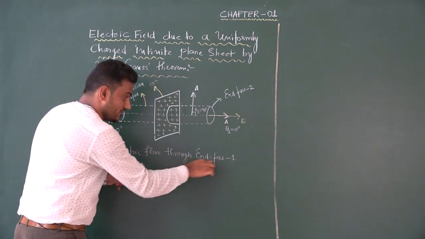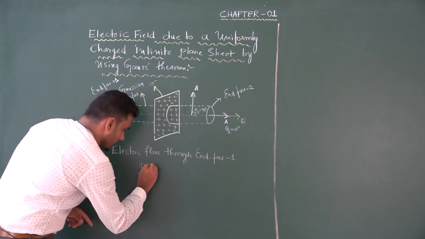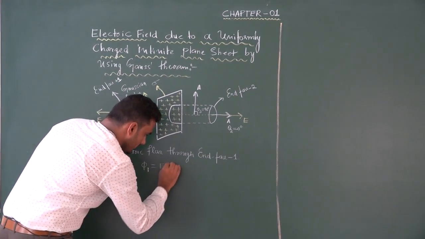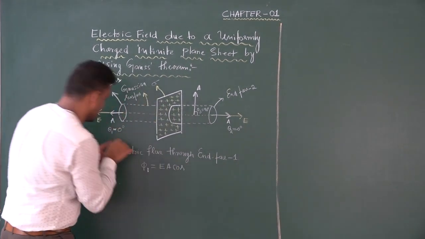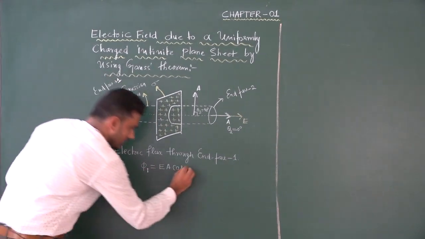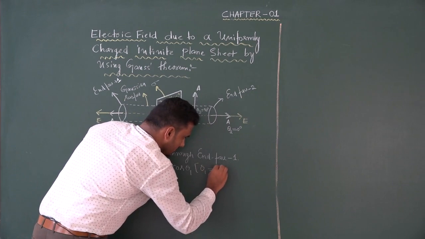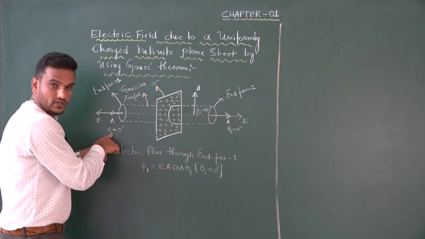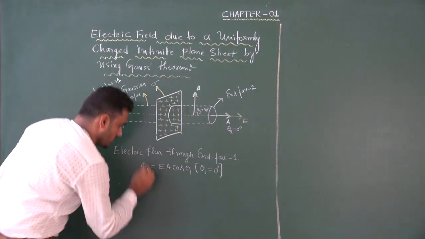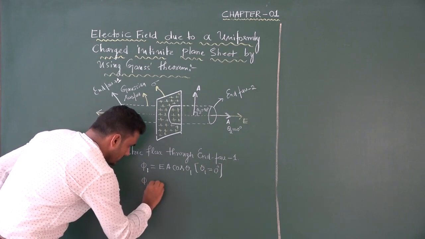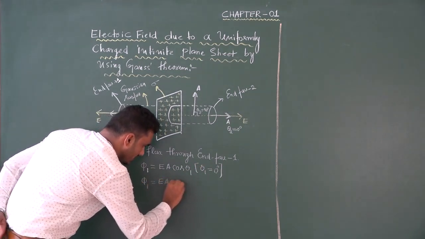Since it is end face 1, I am giving phi 1 is equal to EA cos theta 1. But what is theta 1? We have 0 degrees. Look at this, theta 1 is equal to 0 degrees. So cos 0 is 1. So phi 1 is equal to E into A, equation number 1.